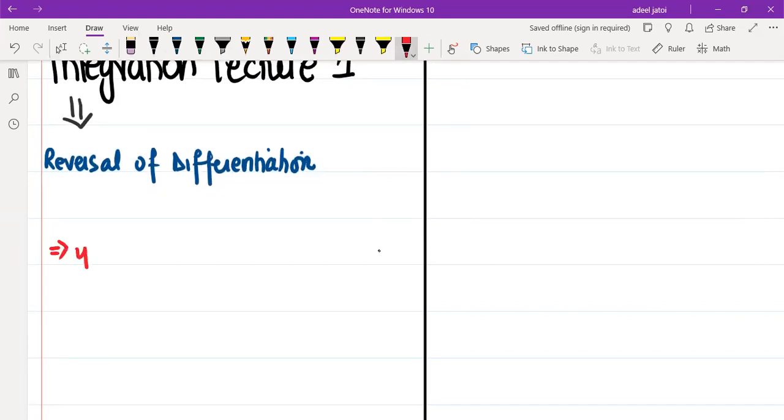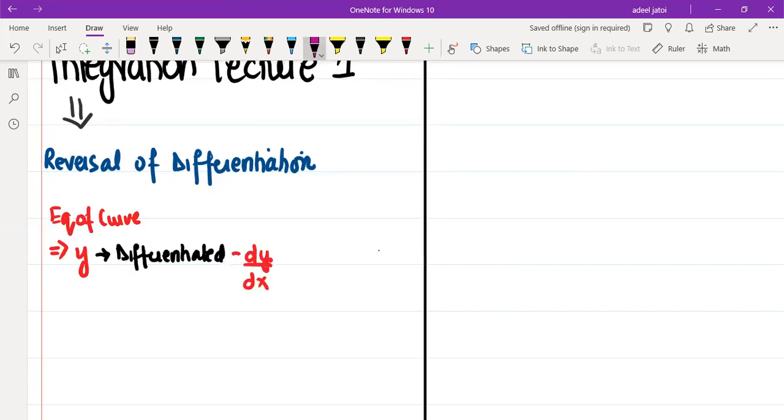Your equation of curve, your y was equation of curve. When it was differentiated, we used to get dy upon dx. This dy upon dx was equation of gradient.